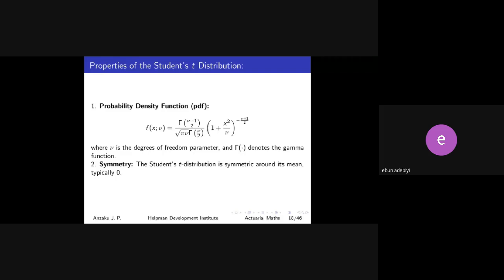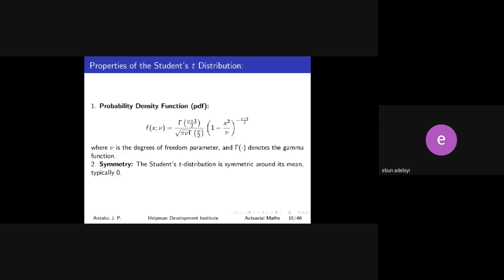Okay, the properties of the student's T distribution. Now, the PDF of the student's T distribution is given by this function here. The function looks ugly, but our duty is not to cram, but to understand that if we see something like this, we're talking about the student's T distribution, where V is the degrees of freedom.